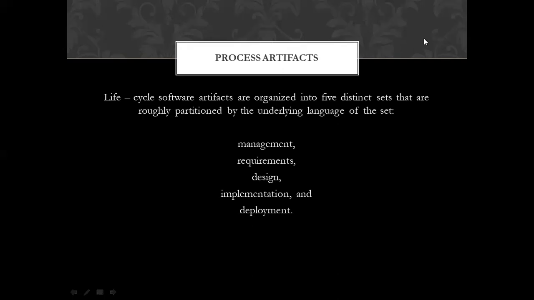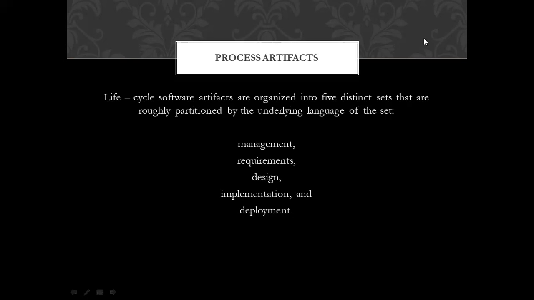The design set comprises models for the solution. The implementation set comprises programming languages and the related source files. And the deployment set comprises machine-processable languages or associated files like your user manuals and guides which are given to the customer when they are deploying the software.